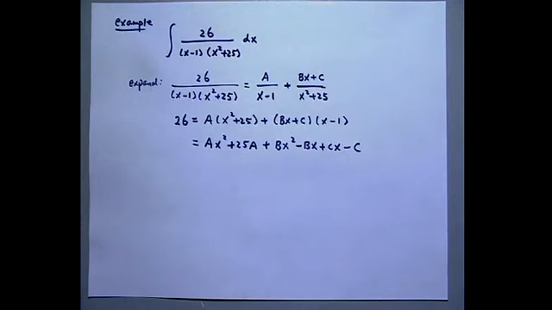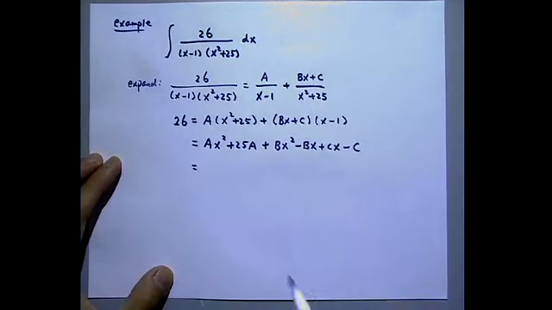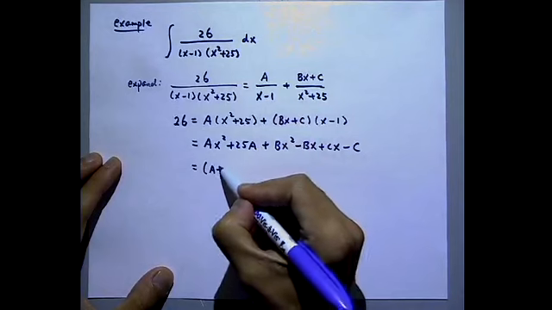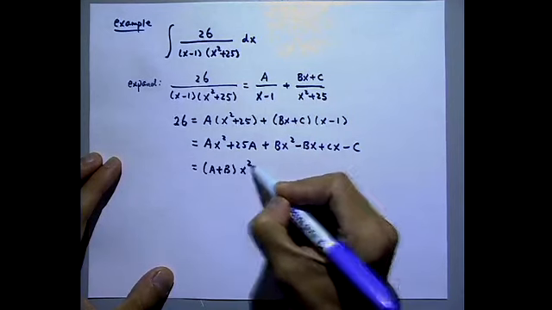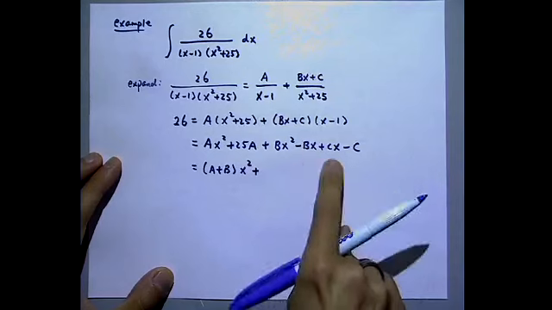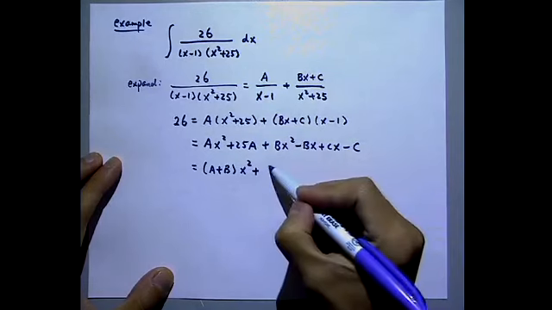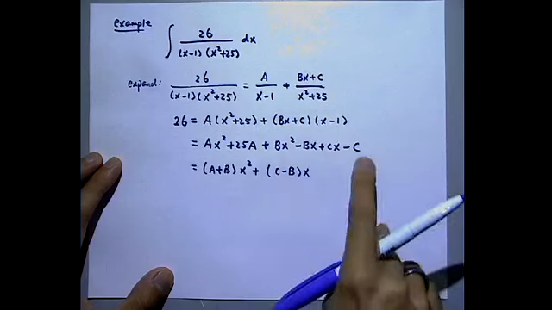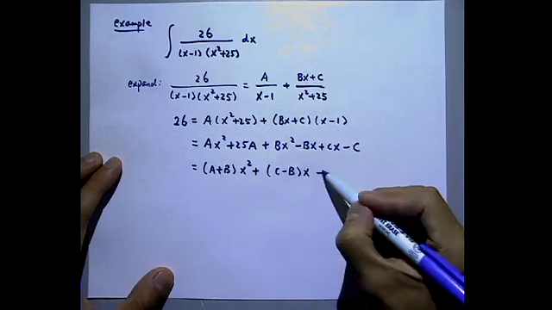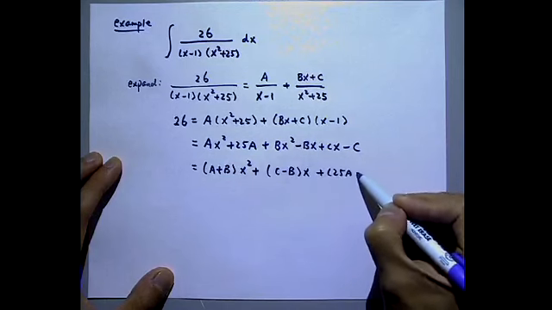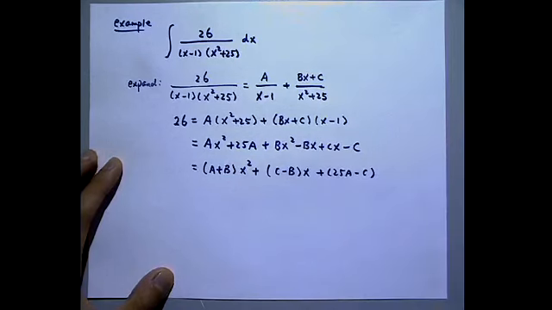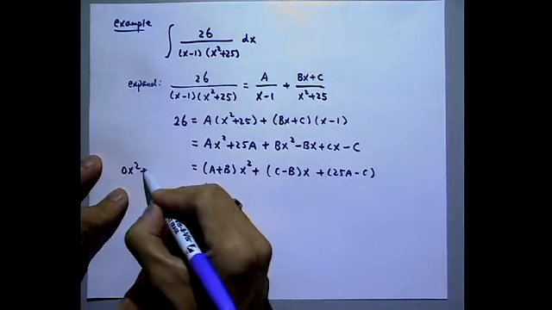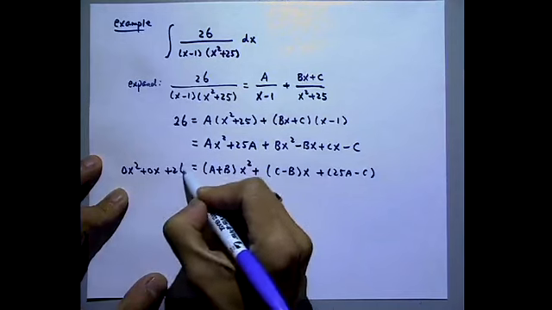And then we'll consolidate this, arranged in descending order of powers. I have two things with x squared, so we'll do A plus B times x squared. And then I have two things with x, C minus B times x. And then I have two things with just numbers, 25A minus C. The left-hand side is 0x squared plus 0x plus 26, right?